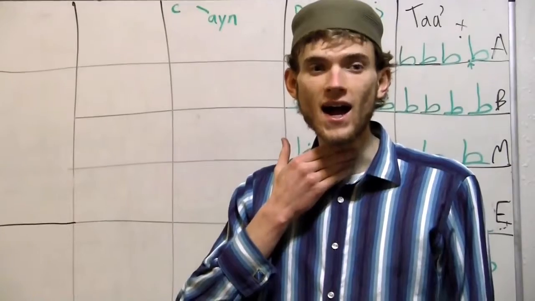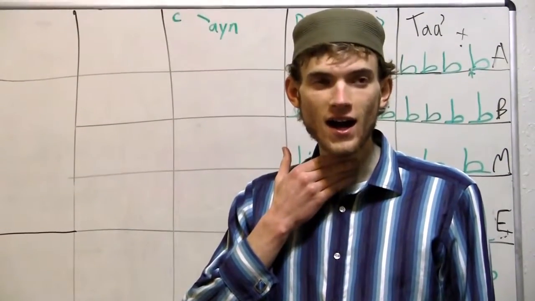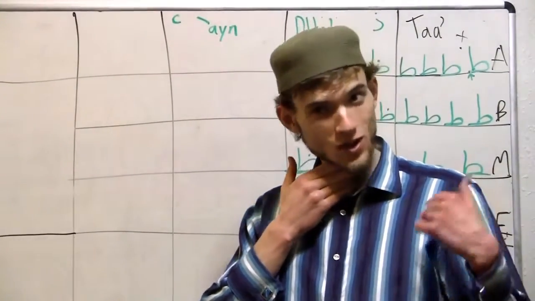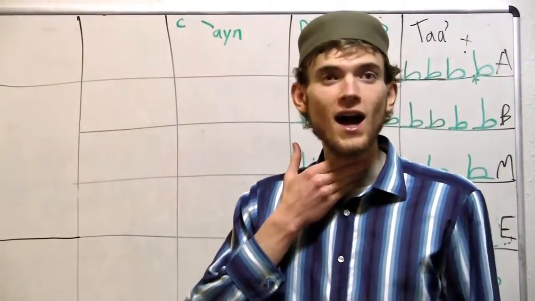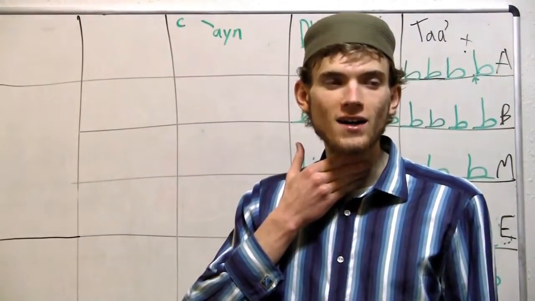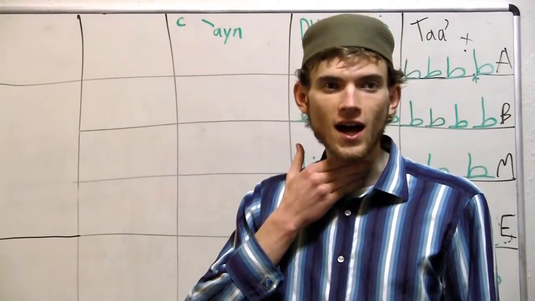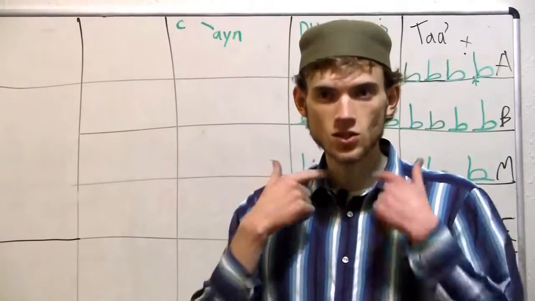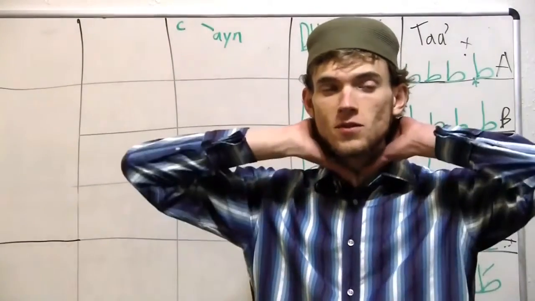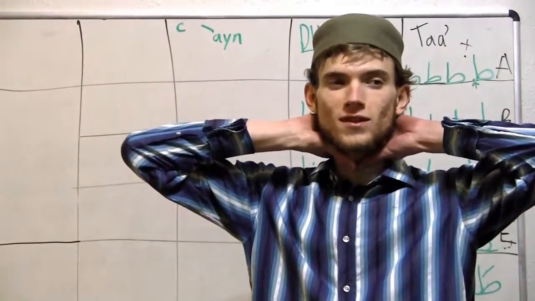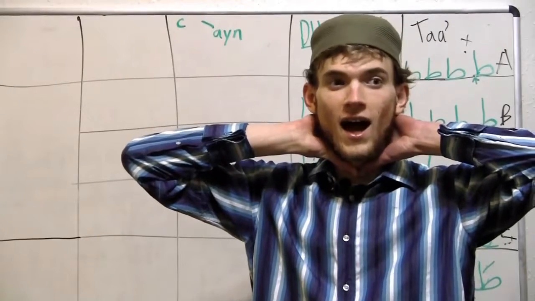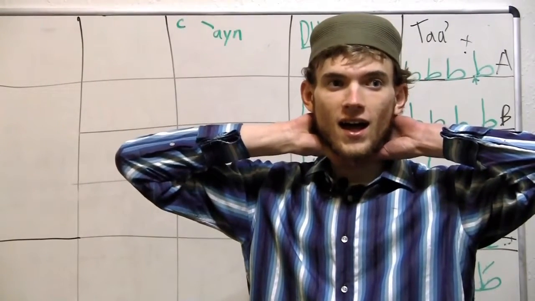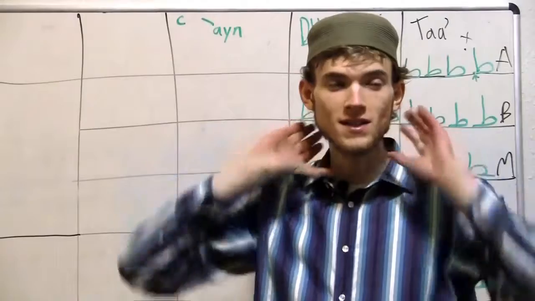So say ha. Now try to add the vocal cords in there. Make some vibration in here. It comes out as a strangling sound. If someone were to put their fingers and squeeze right here, you'd sound like this. The sound is an Ayn.